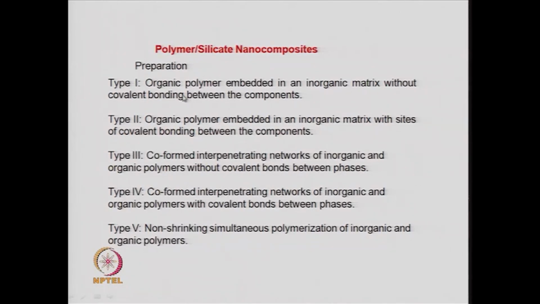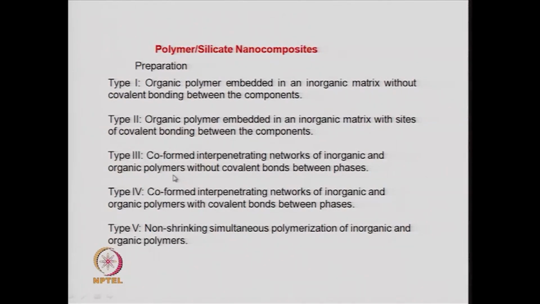Now, if you have an organic polymer embedded in an inorganic matrix without any covalent bonding between the components, then you can have one kind of nanocomposite. However, you can also have organic polymer with inorganic matrix, where you have covalent bonding between the components. So, that is also possible.